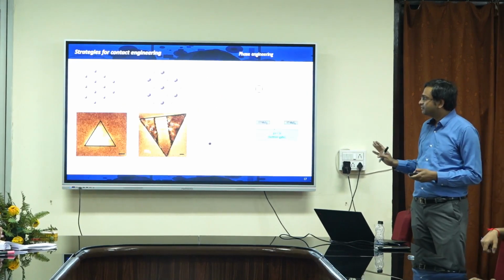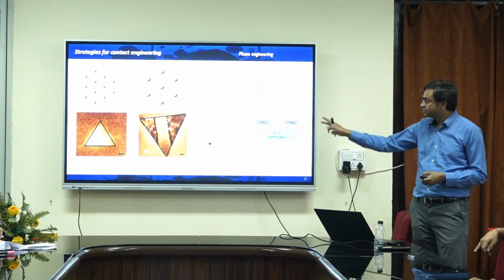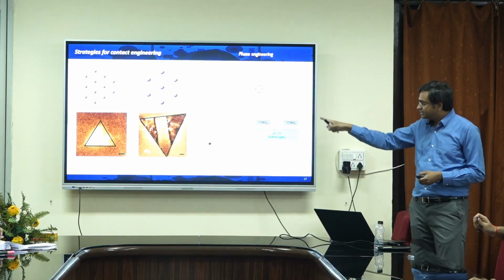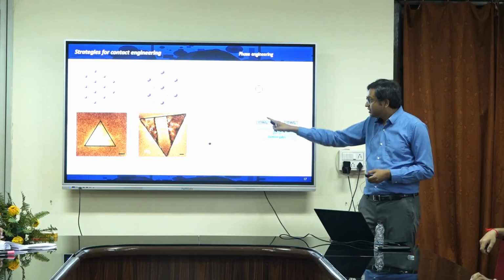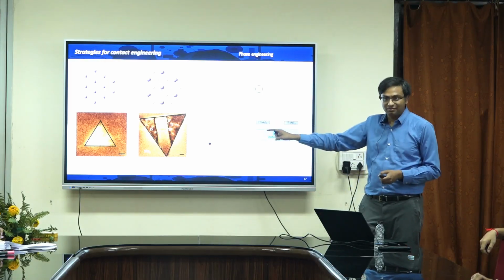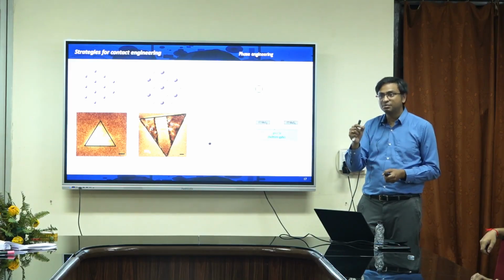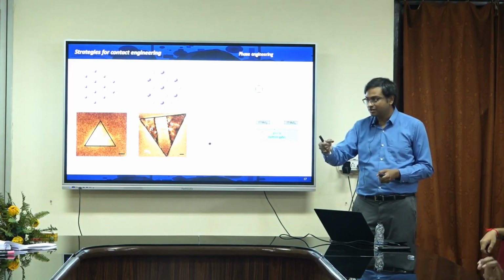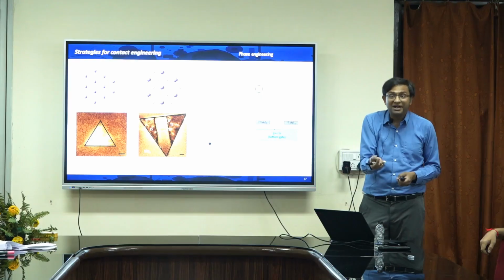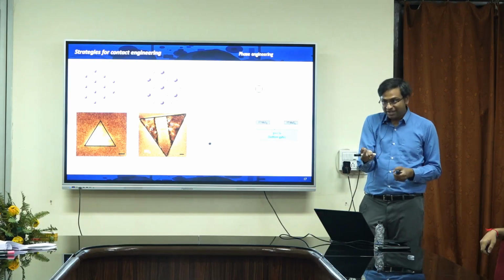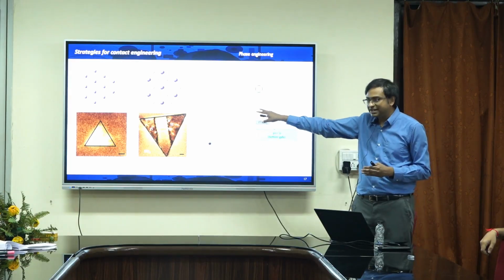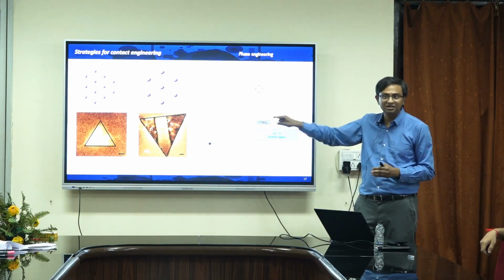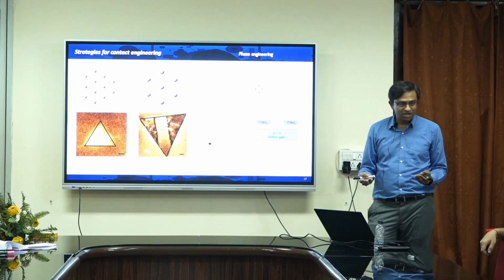But even with that, there has been a lot of good work. This is a work from Cambridge, where they were able to do selective doping in a very interesting manner. They did phase engineering, because MoS2 exists in both the 2H phase, which is a semiconductor, and the 1T phase, which is a metal. At the end of the day, you want a metal as a contact. This group showed that just by treating the contact area with some chemical, you can transform it into 1T.